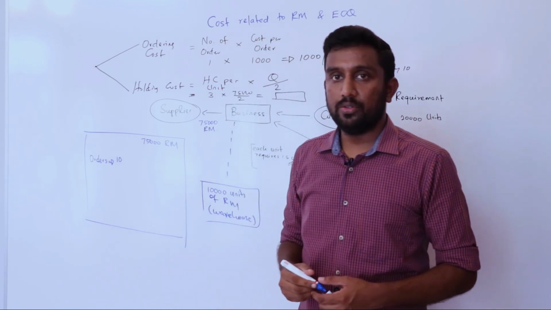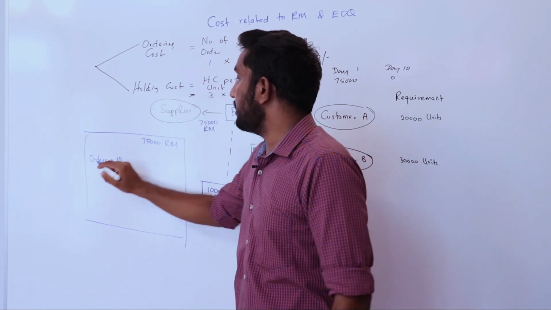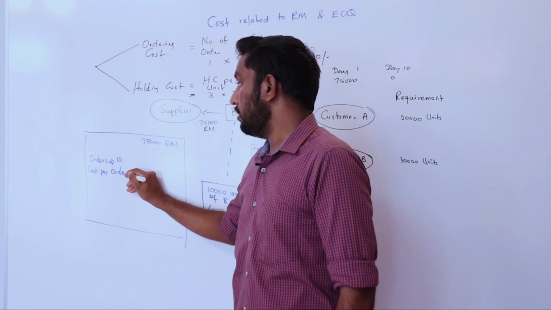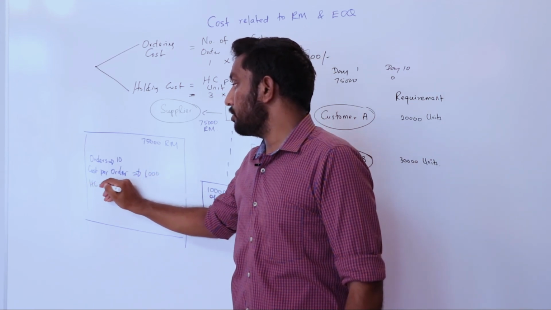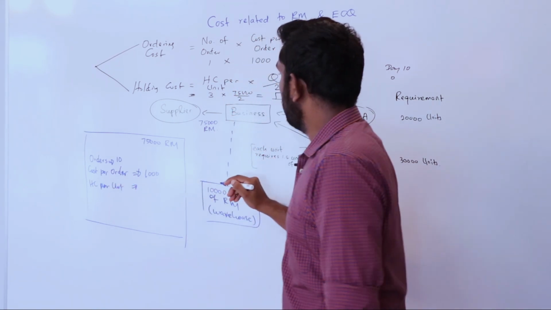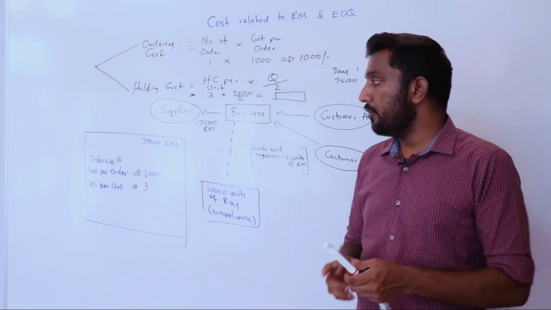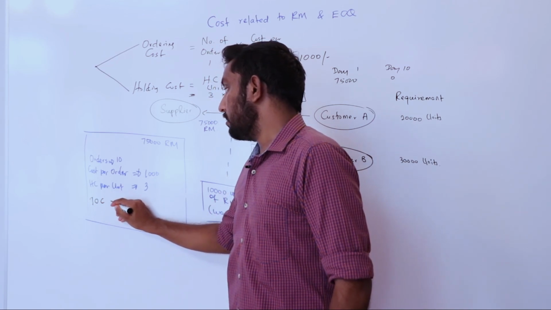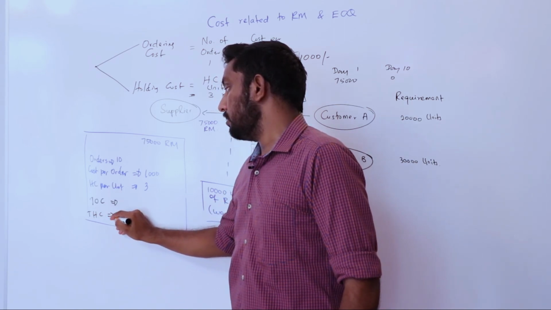The cost per order is the same, we already had 1,000, and the holding cost per unit is 3, right? So now I want to find my total ordering cost and my total holding cost.